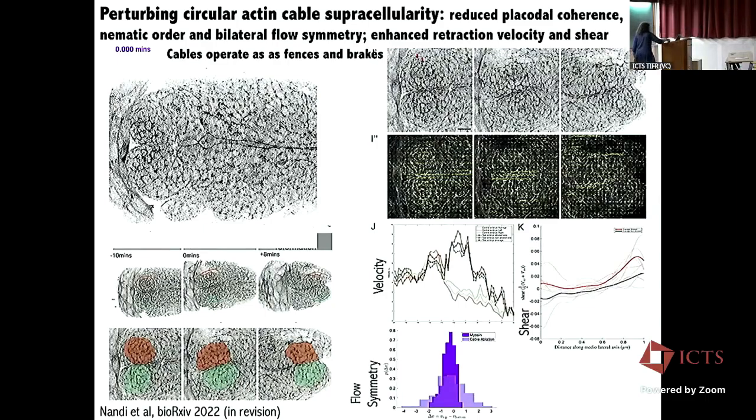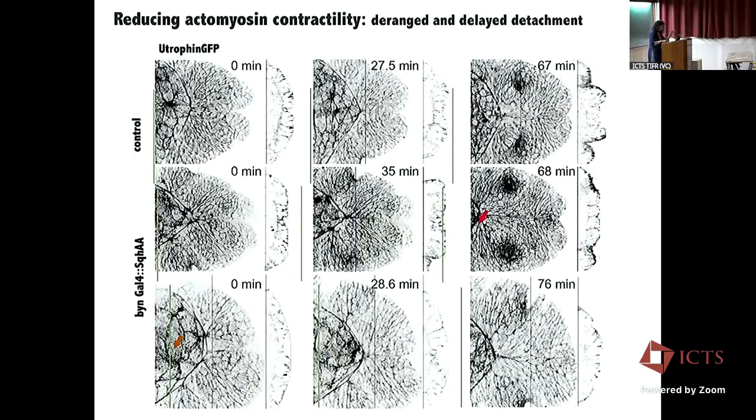And so I think what that told us is that actomyosin cables act at this early phase as brakes or fences to maintain coherence, brakes to regulate speed, and disrupting them causes a loss of both coherence and a sort of runaway dynamics.